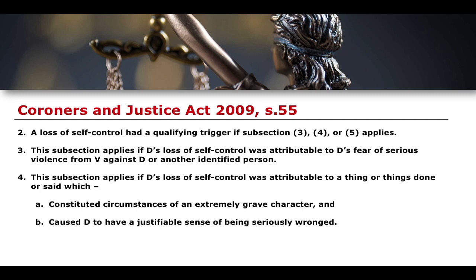Subsection 3 is quite nice because it gives us what is reasonably understood to be quite an easy to understand qualifying trigger, the idea of a serious fear of violence coming from the victim. But subsection 4 talks about things said or done which are of an extremely grave character and caused a justifiable sense of the defendant being seriously wronged.